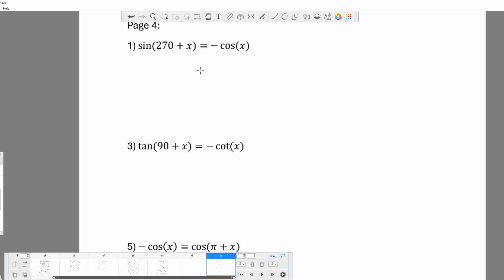But, you know, so this is using the sine formula. So it should be sine of 270 cosine x, makes the same sign right here. Cosine 270 sine of x.